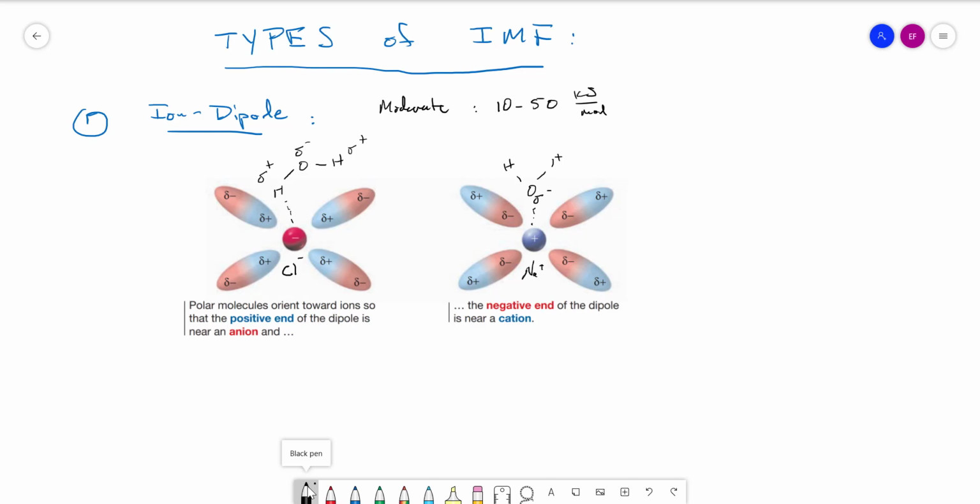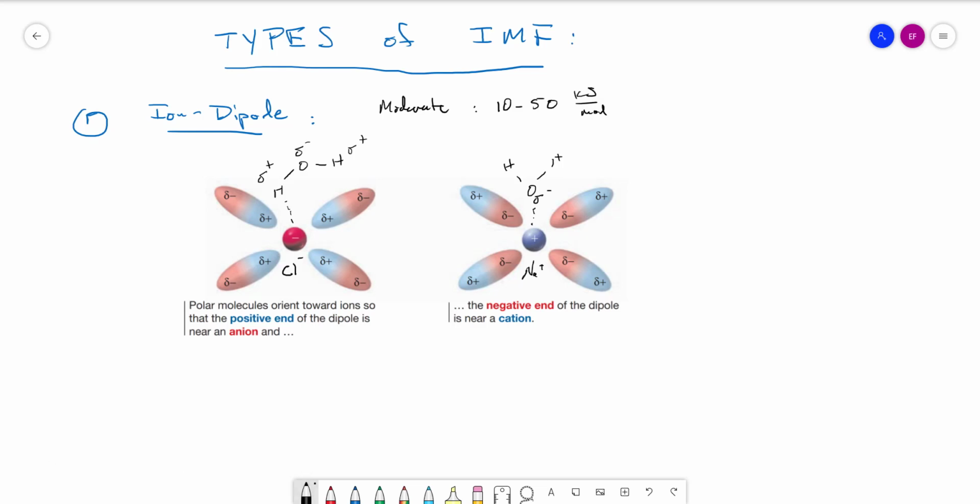So it's roughly about a fifth to a tenth that of a covalent bond. Just to give you some perspective, it's significantly less than a covalent bond. But in terms of intermolecular forces between molecules, it's fairly significant in the type of energy and strength that this has, which is why we consider ion-dipole interactions a pretty strong one.